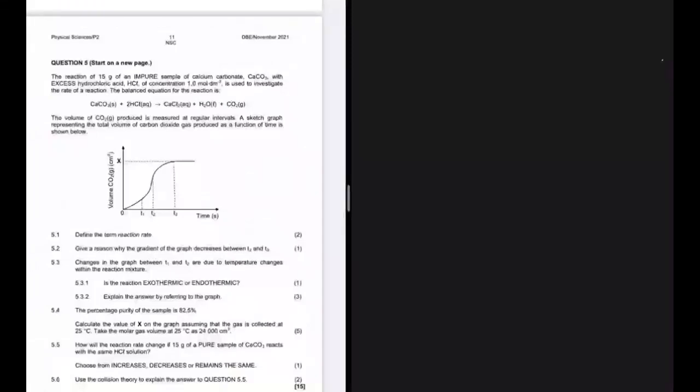The reaction of 15 gram of an impure sample of calcium carbonate with excess hydrochloric acid of concentration 1 mole per decimeter cube is used to investigate the rate of a reaction. And then we're given the balanced equation for the reaction.